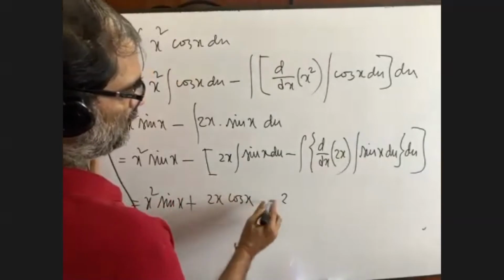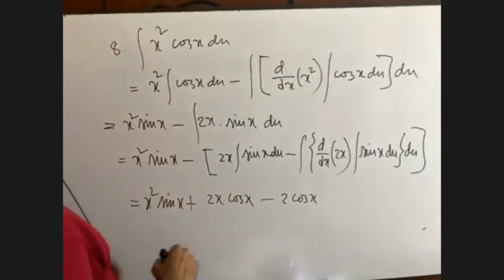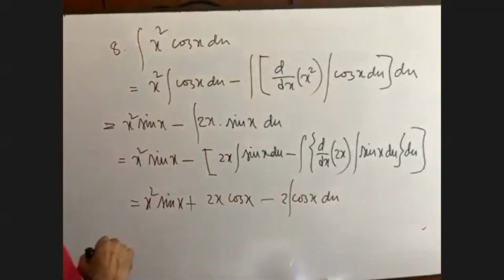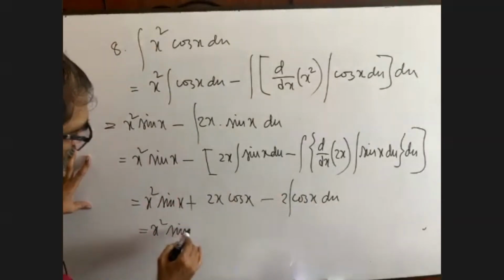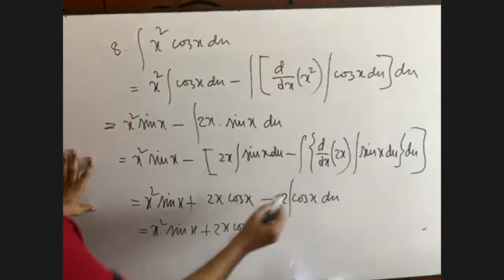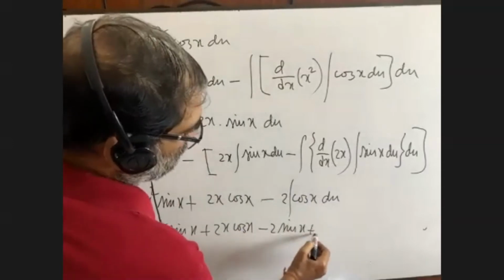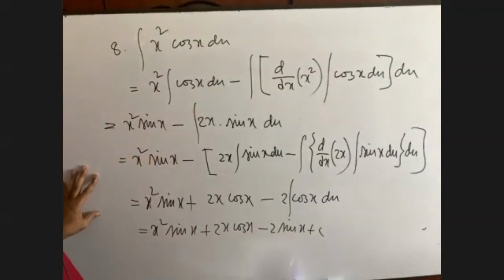So I am going to write down here minus cosine x, dx. That means it is x square sin x plus 2x cosine x minus 2 sin x plus c. So we have got our answer. Yes, it is the answer.